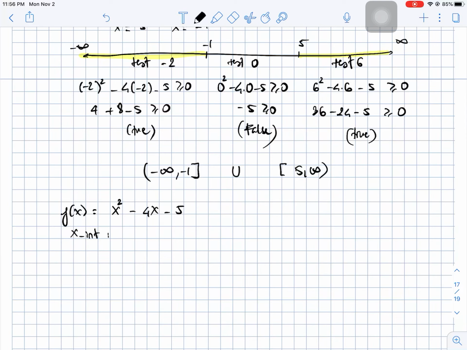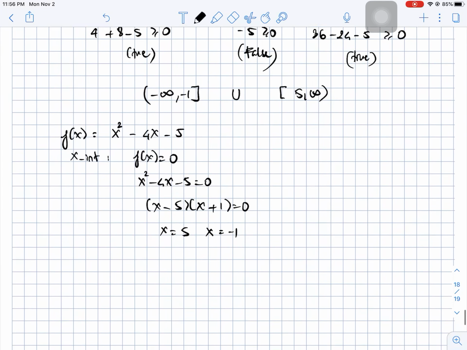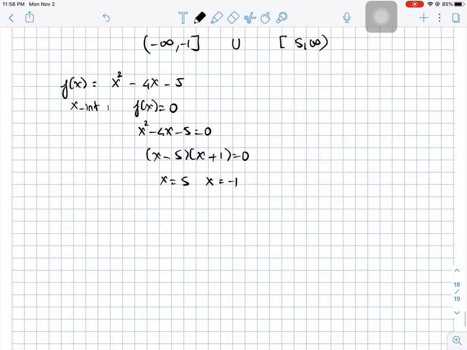Now let's do the graph for this to understand what's going on. So I will let f of x equal x squared minus 4x minus 5. I want to find the x-intercept.